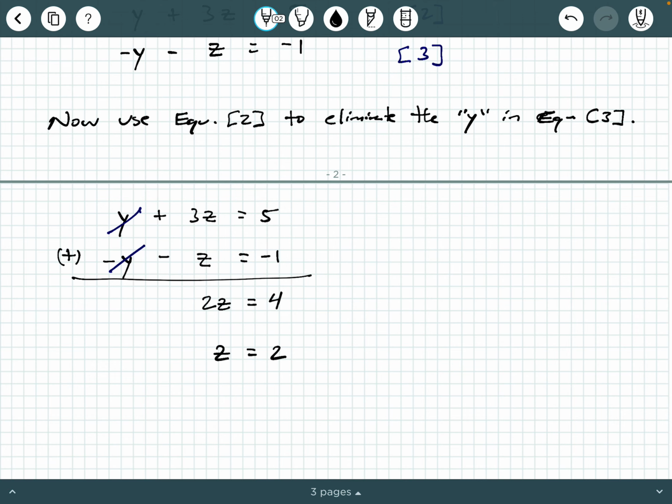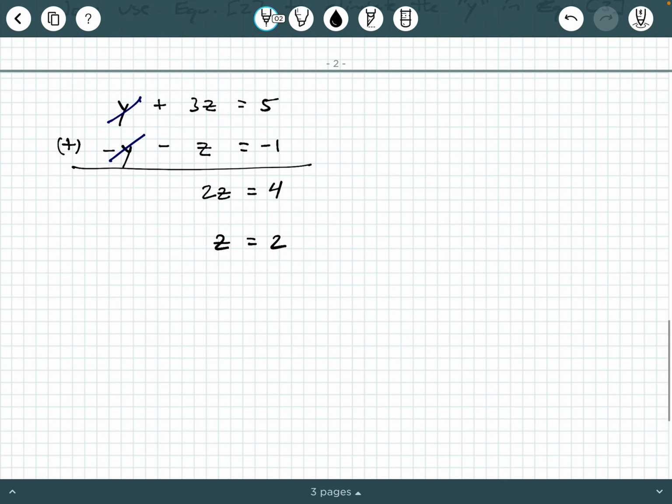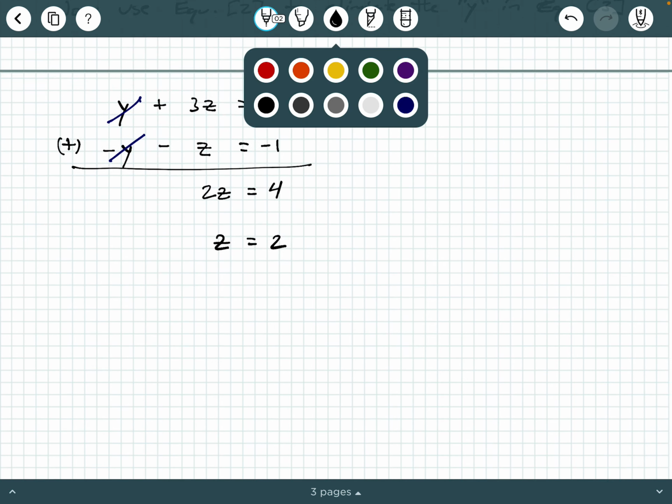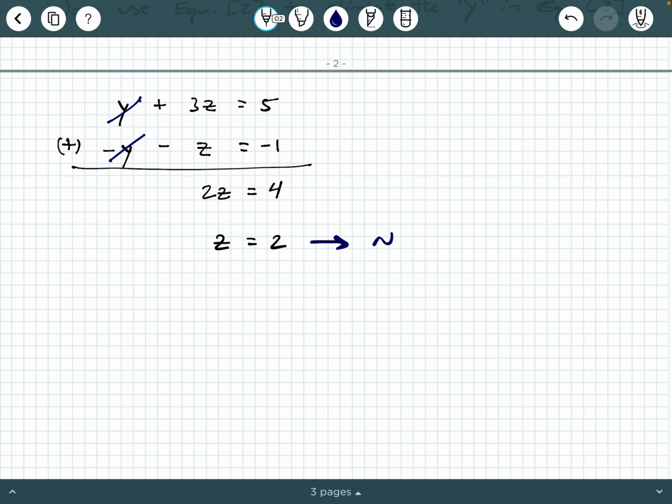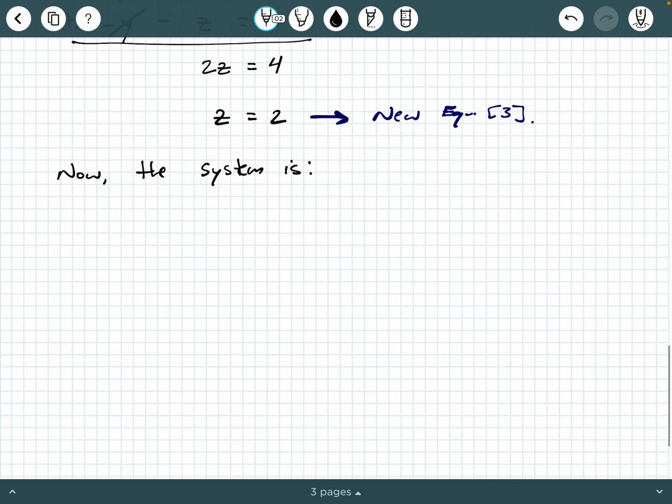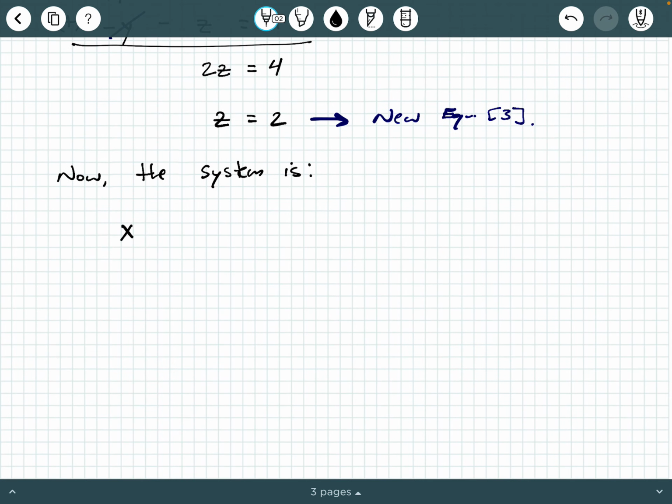So now what is the overall system? Well, even though it's very simple, this z equals 2 is the new equation 3. So what is the system now? Well, it's x minus 2y plus 3z equals 9.